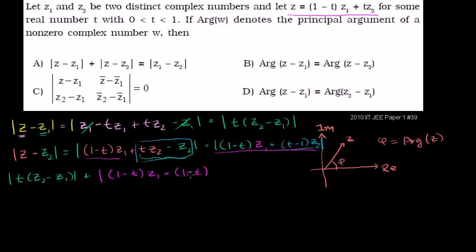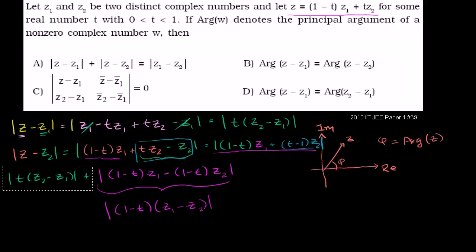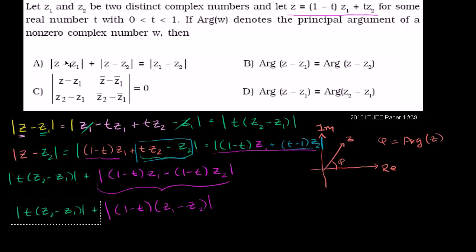Negative (1 minus t) is the same thing as positive t minus 1. Factoring out the 1 minus t, this becomes the magnitude of (1 minus t) times (z1 minus z2). So copy and paste: we have this thing plus this thing. This is what expression A has simplified to. Now let's see if we can simplify it even more.